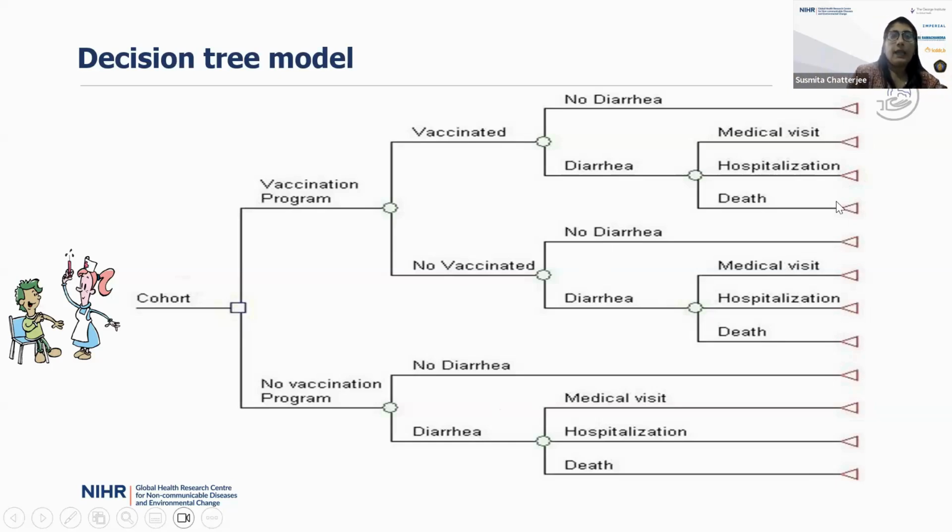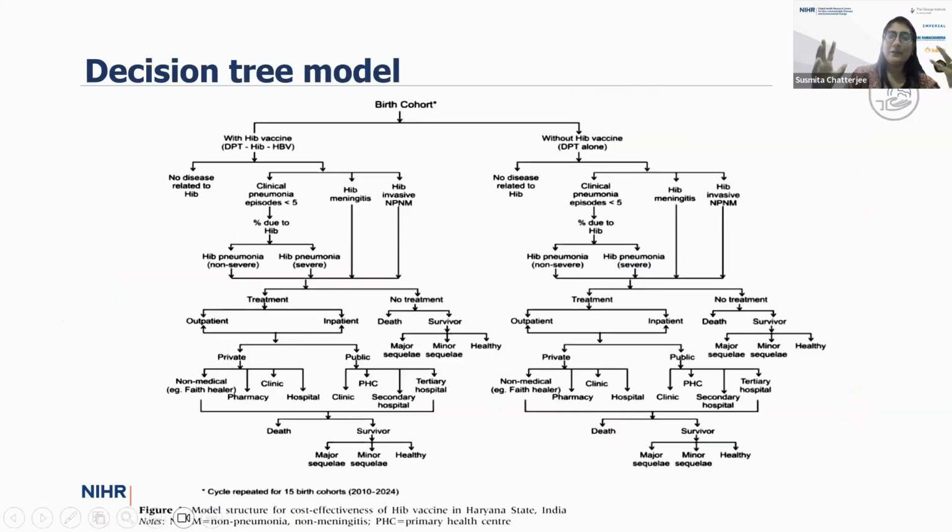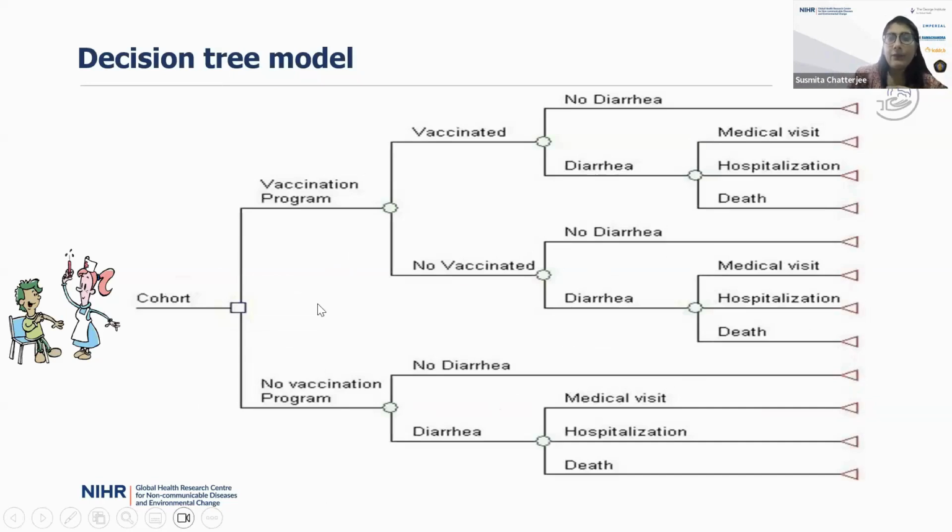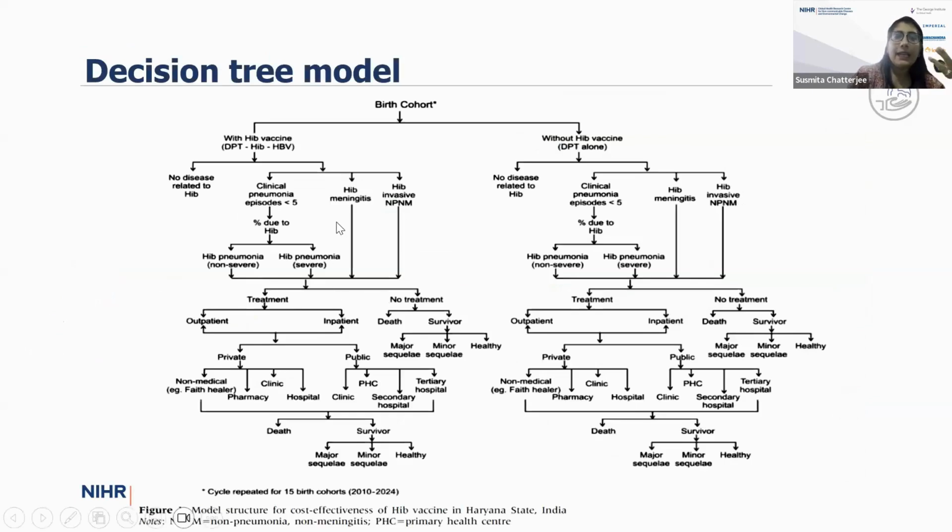I can show you another one. This is a complicated decision tree, but still it is a decision tree, because you can see the arrows are unidirectional, just going one way. It is not coming back the way I'm talking about. This is Hib: it can be Hib meningitis, it can be Hib pneumonia, it can be a private visit, it can be a death, it can be a minor sequelae.